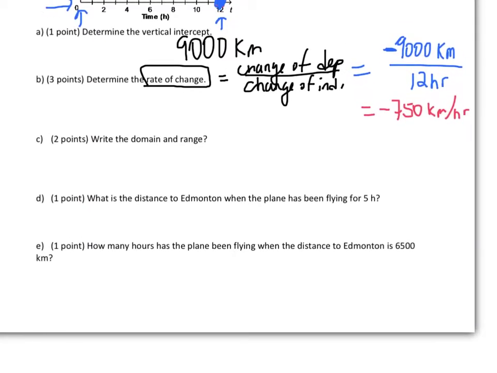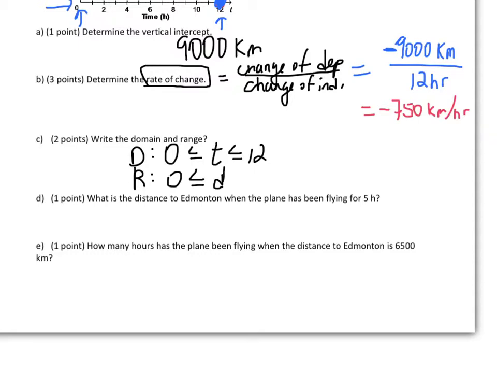Moving right along here, write the domain and the range. Okay, the domain, well, the lowest domain value is 0 hours. This is measuring time. And the highest time value is 12 hours. So all the time values are between 0 and 12. The range, again, the least range value is 0.